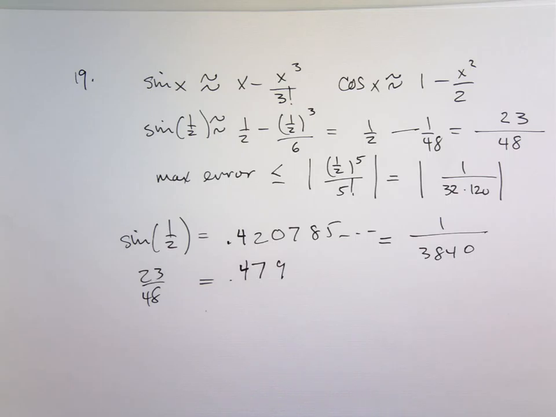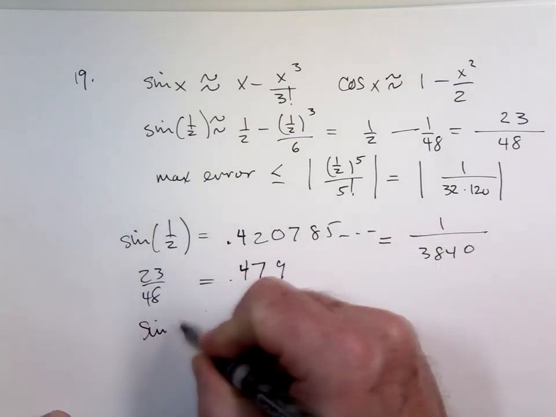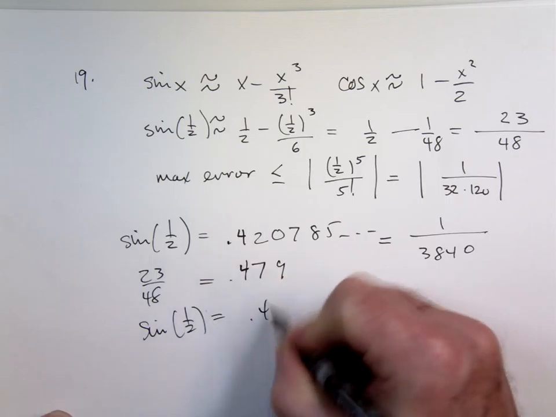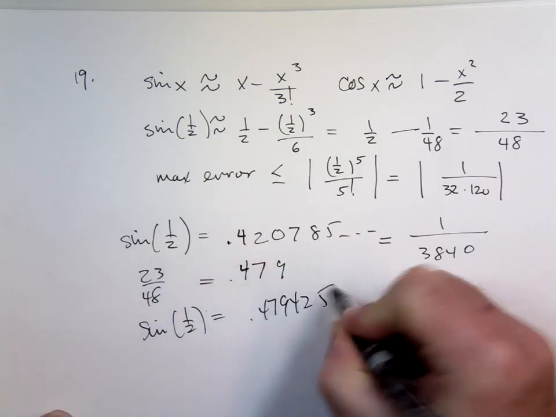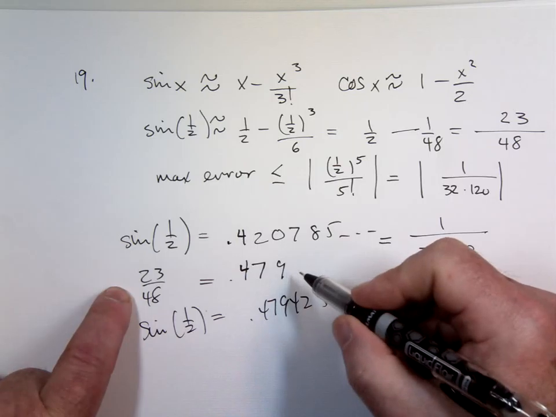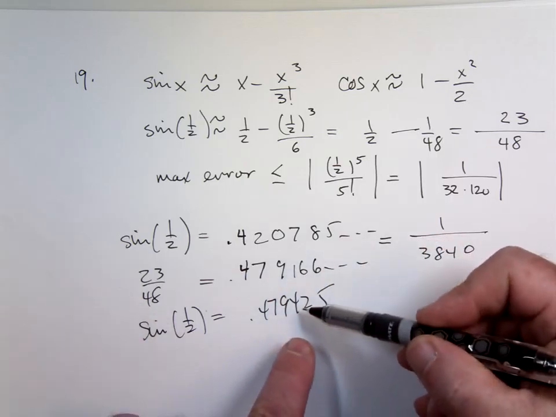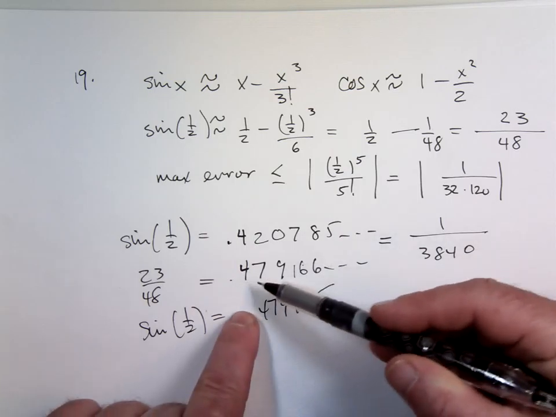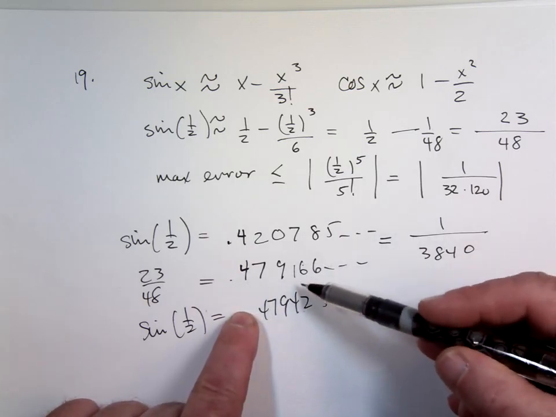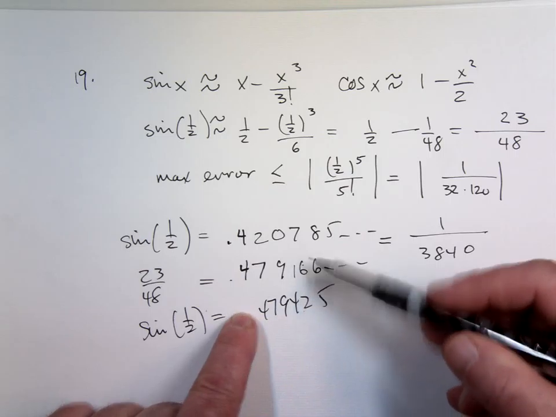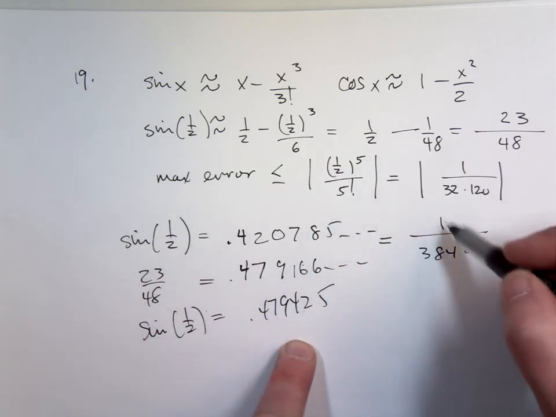The sine is 0.479425, and the other one is 0.479166 repeating. If you were to subtract one from the other, you're going to get 0.000 something or other, which is going to be less than the error bound.